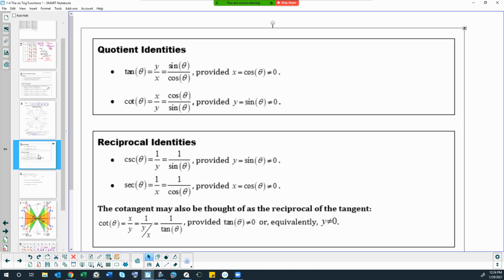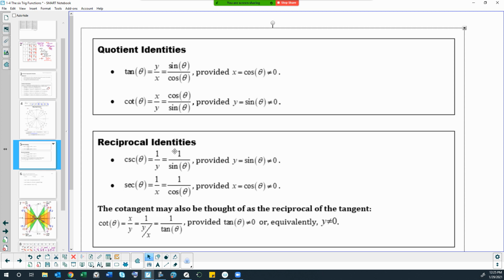So moving ahead in our notes, we have the quotient identities. Since tangent is y over x, and sine is y, and cosine is x, that means that tangent can just be represented by sine over cosine, right? And since cotangent is x over y, and cosine is x and sine is y, cotangent could just be represented by cosine over sine.